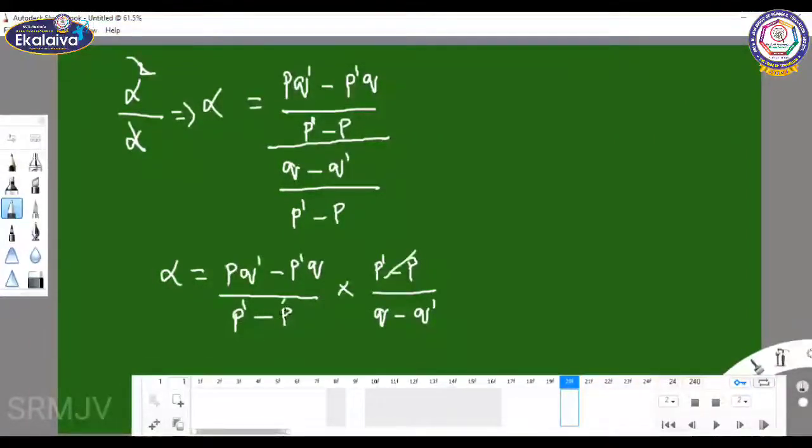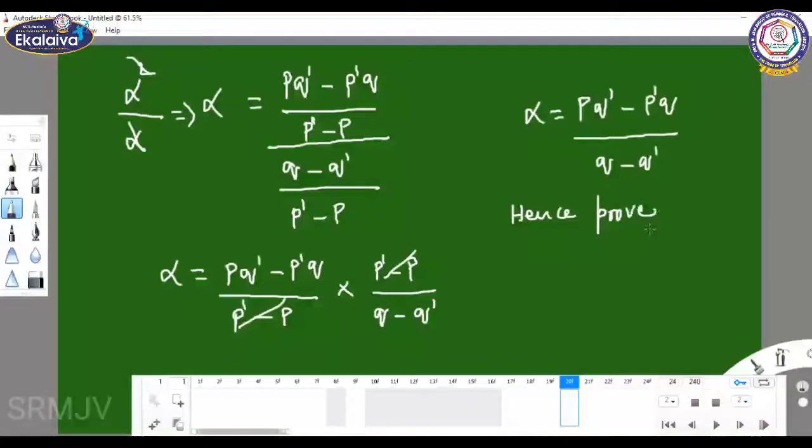It gets cancelled. So what is the value for alpha? Alpha equal to P Q dash minus P dash Q by q minus q dash. Hence proved.